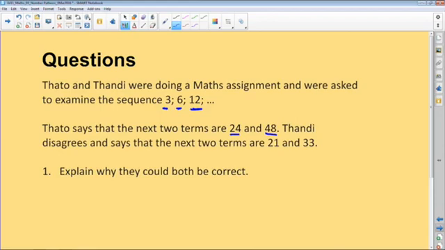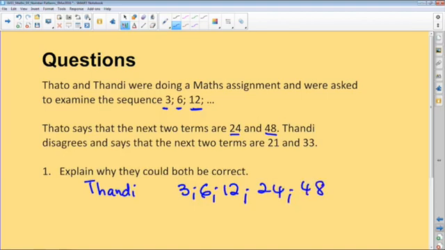So now if we just look at this, Tato is 3, 6, 12, 24, and 48. And then we have the other one, Tandi, 3, 6, 12, 21, 33.